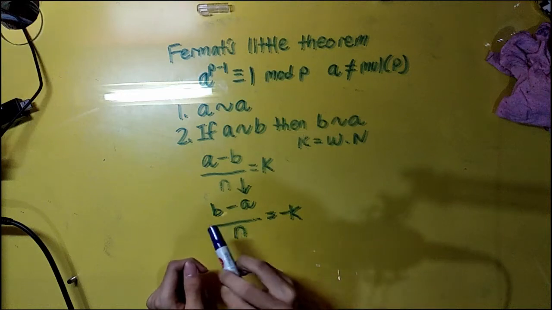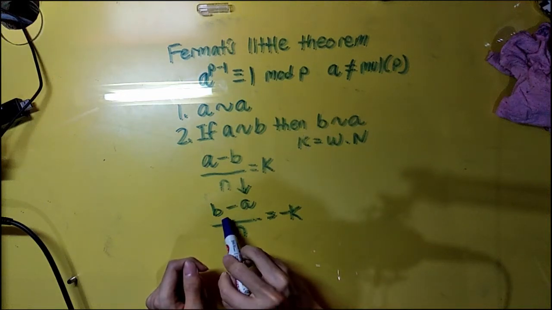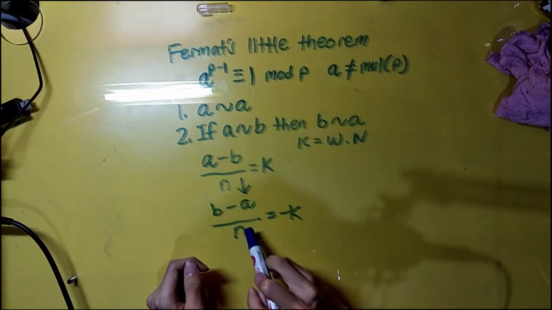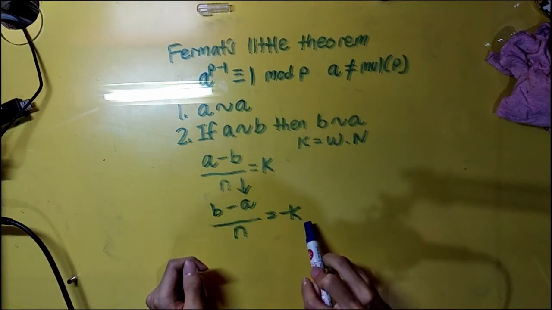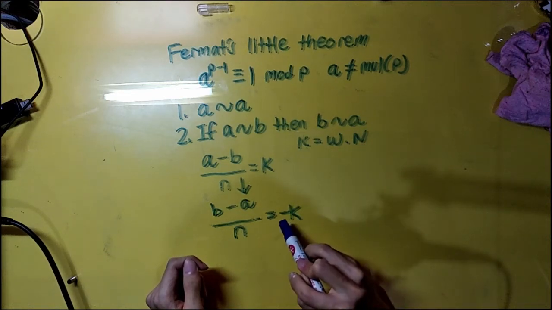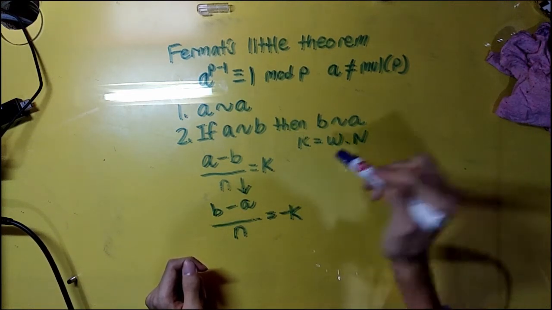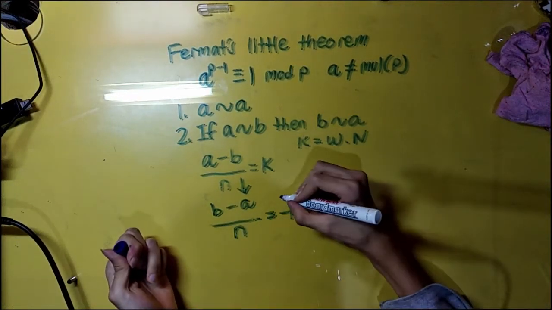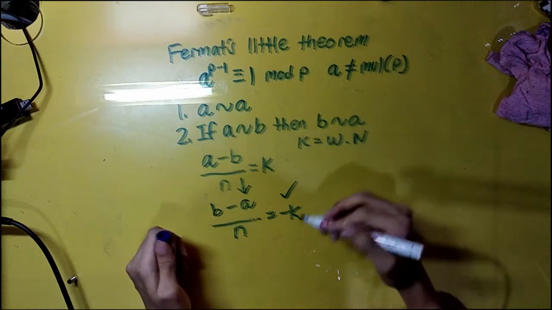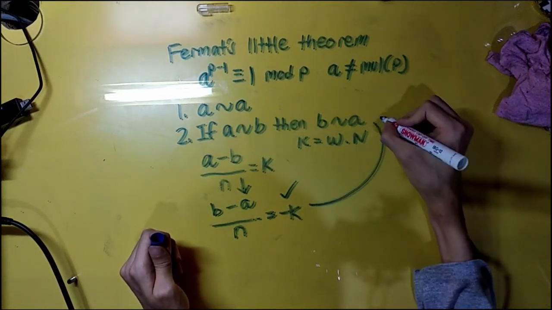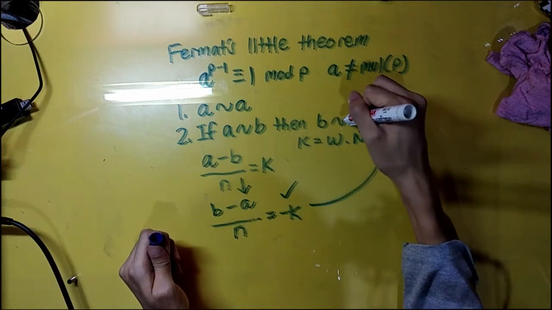Now, what does this say, basically? If you take B and you subtract it by A, you divide that by a number, you're going to get -k. What is k? K is a whole number. What is the negative of a whole number? Well, negative of a whole number is still going to be a whole number. This means that this statement is true, right? And if this statement is true, that means that B is congruent to A. Because what does this mean?